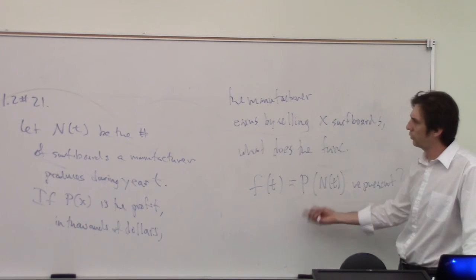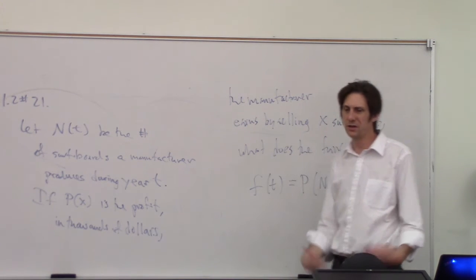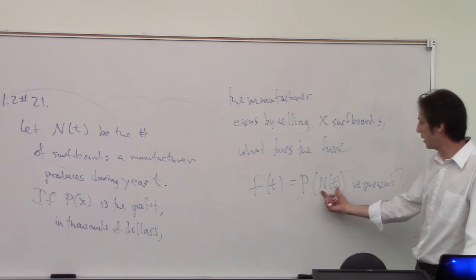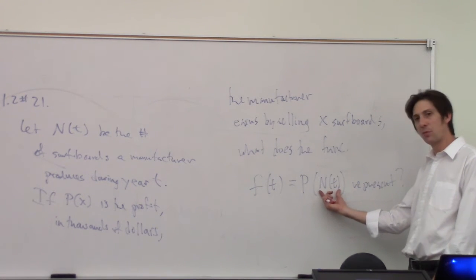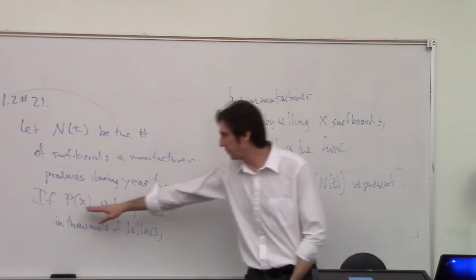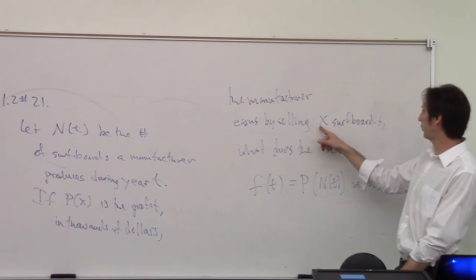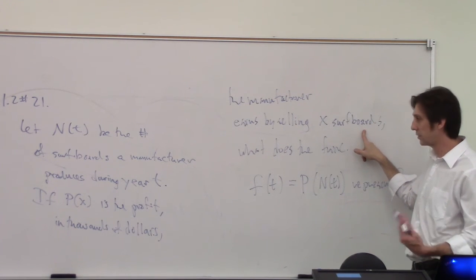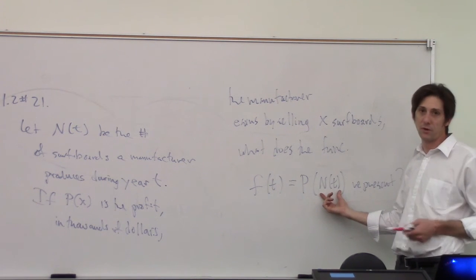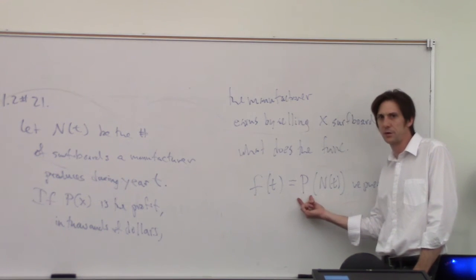Capital N was the actual number of surfboards that the manufacturer makes during year T. All right, so capital N is a number of surfboards, and that capital N is being plugged into the profit. Does that make sense? Well, the profit, we're told earlier in the problem, is a function of x, where x is the number of surfboards that the manufacturer sells. And so N is also a number of surfboards. So it does make sense to plug surfboards into the profit function.